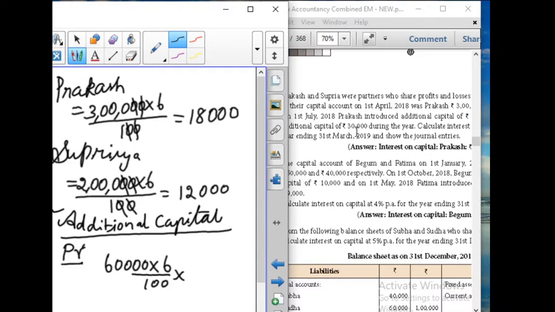So next 9 divided by 12. 0, 0, 0, 0, we can cancel. 1 6 is 6, 2 6s are 12. 1 2 is 2, 300. 300 into 9 is equal to 2,700. So totally Prakash's interest on capital is 18,000 plus 2,700.